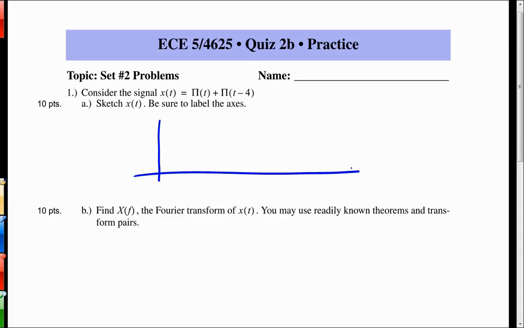Does anybody want to tell me how to sketch it, if they scribbled out their own answer? Yeah, it's pi 1. Yep. So there's a pulse centered on where? 0. Okay, so minus 1/2 to 1/2.